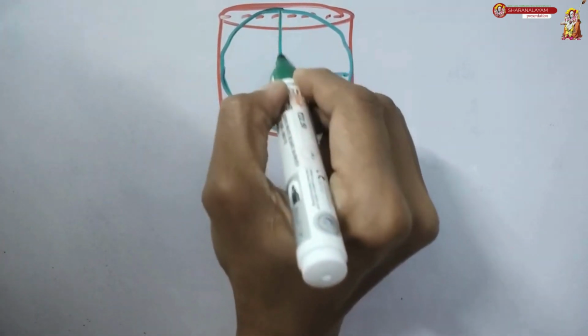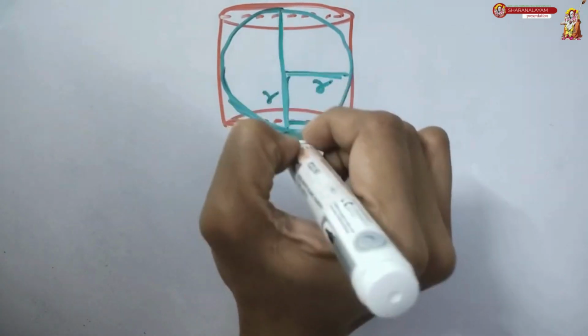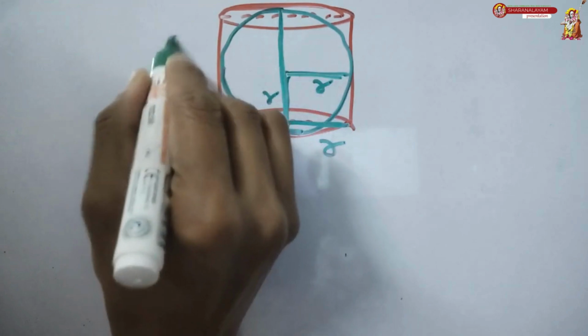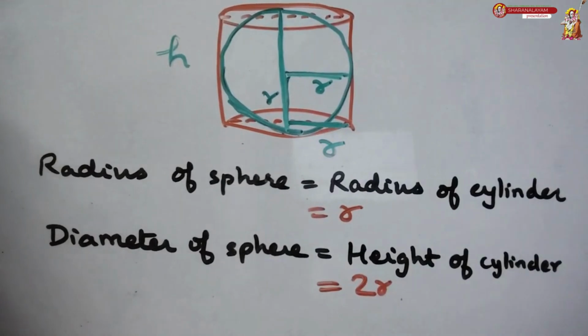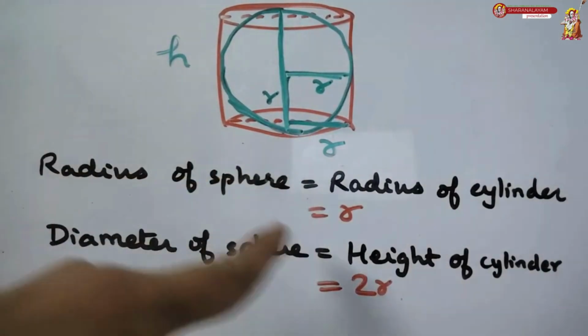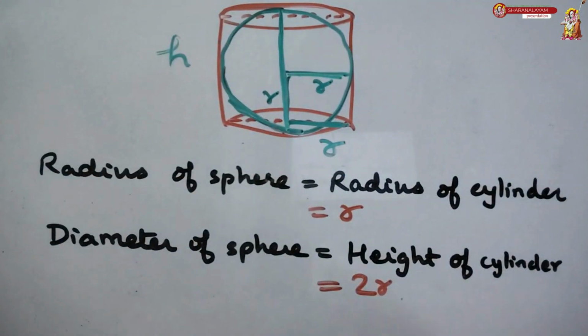Also, this diameter, that's double the radius of the sphere, is equal to the height of the cylinder, correct? So the radius of the sphere will be equal to the radius of the cylinder, which is equal to r. The diameter of the sphere will be equal to the height of the cylinder, which is equal to 2r.